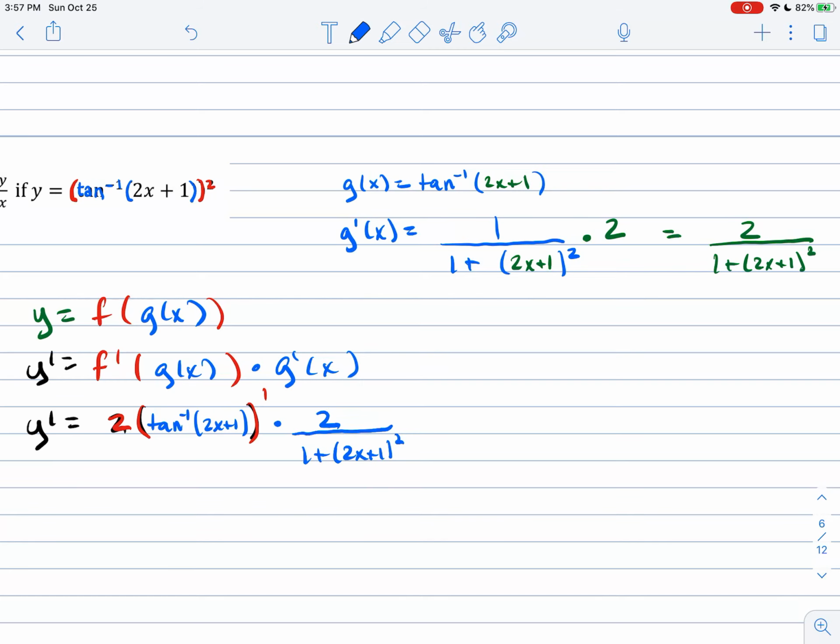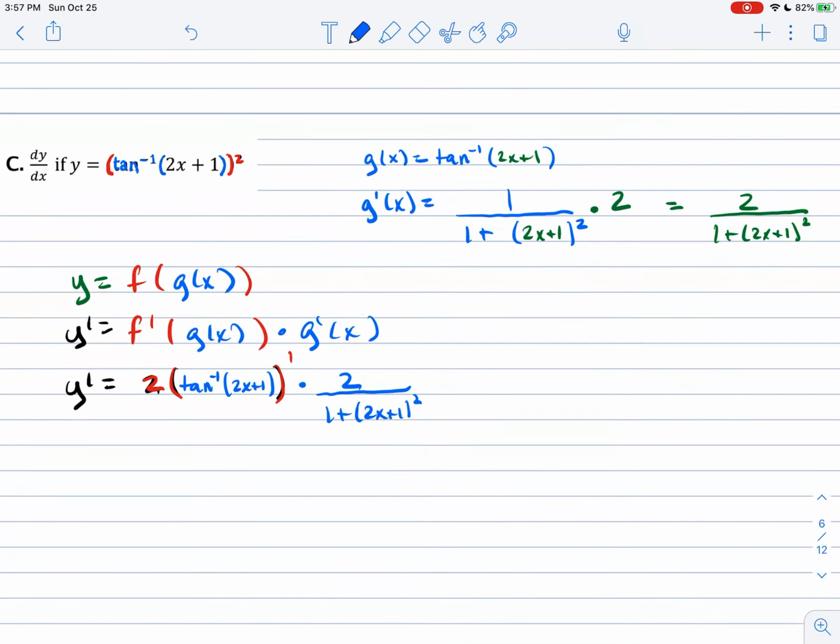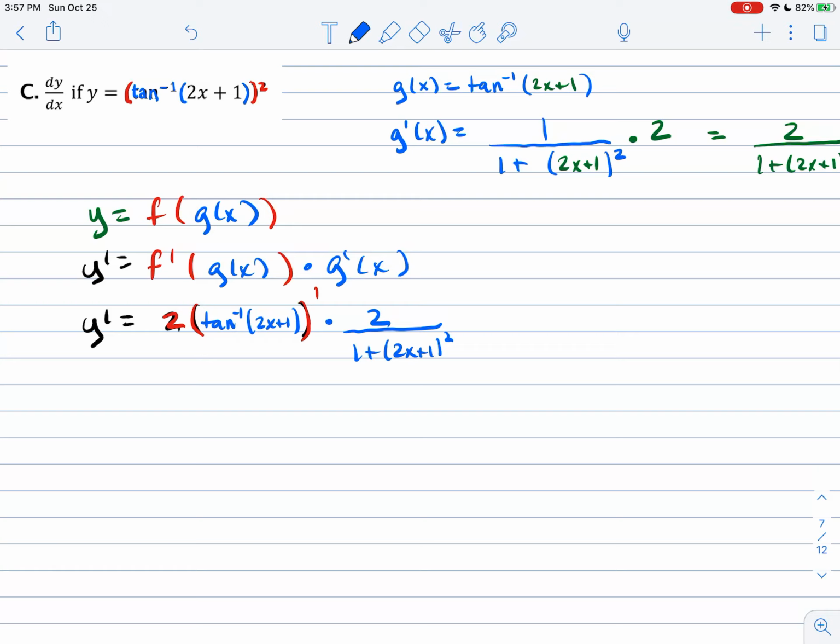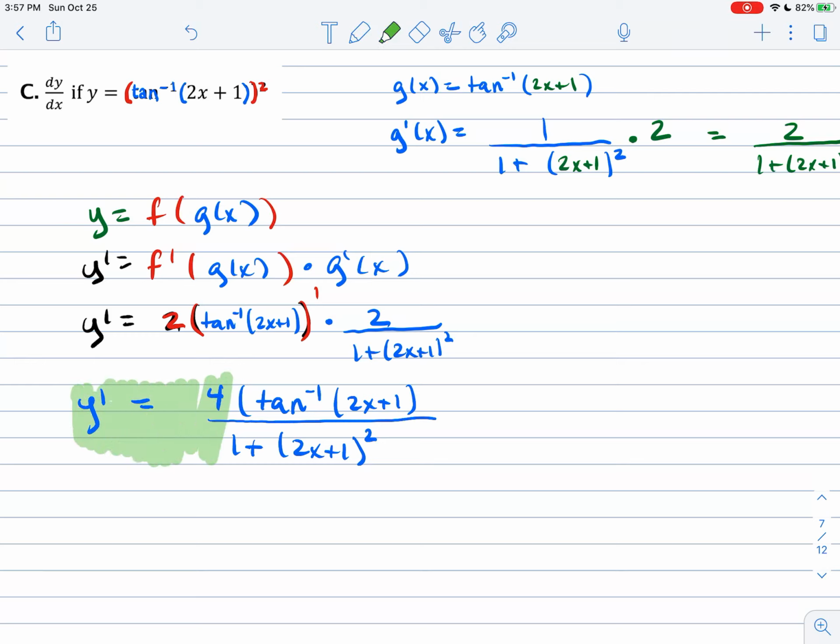And our g prime is 2 over 1 plus 2x plus 1 squared. So you might want to just keep it in that way, just cleaning up by multiplying by 2 and 2 to give me 4 times the inverse tangent of 2x plus 1 all over 1 plus 2x plus 1 squared.